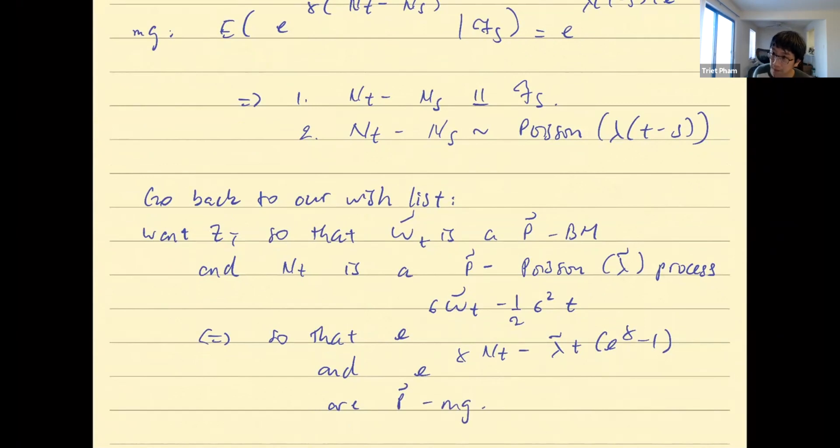Is this clear? That I change the question of ZT from a distribution question to a martingale question, to an expectation question, if you will.